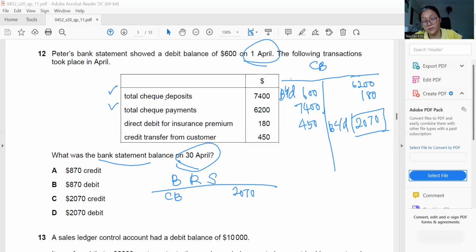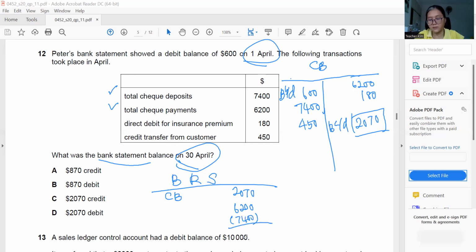They assume that we haven't deducted from the bank. So the amount should be taken. The check deposited is not in, so we have to add it. So we have to add the check pay. Check pay is 6200. This is the unpresented check. And then this uncredited amount 7400.